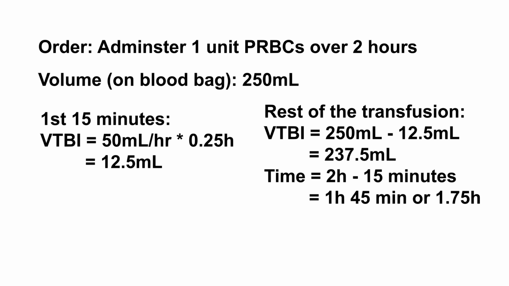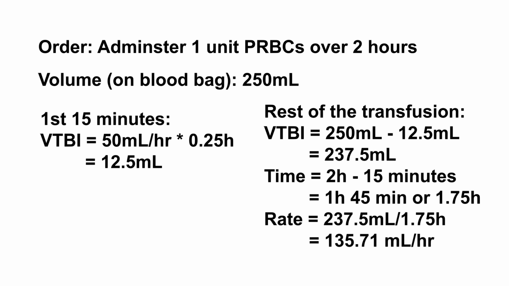Because we're going to figure out our rate, we take our time in hours and do 237.5 divided by 1.75 hours, and we get a rate of approximately 135.71, rounding up to 136. We're going to keep these numbers aside for our pump later, and we're going to compare it. Even though the pump will do the math for us, we always want to double check.